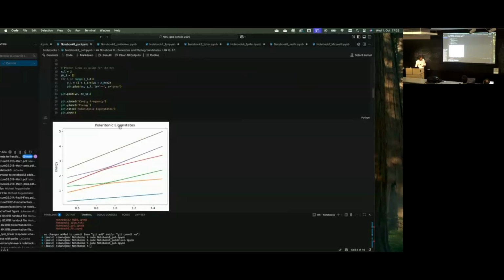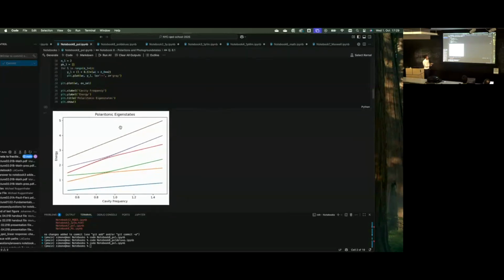So this is cavity frequency in the arbitrary units used to define the model. And then you will see the following states. The gray lines are the lines for the uncoupled system. You have one line per photon mode, including the 0, 1, the vacuum.